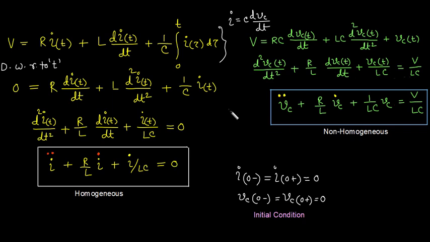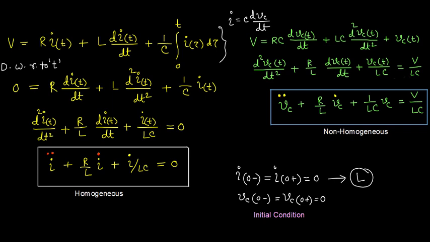Now let us solve these two differential equations using the initial condition i(0-) equal to i(0+) equal to 0. That means the current flowing through the circuit just before the turn on instant, that is i(0-), and i(0+) is the current in the circuit just after the switching instant, which is equal to 0 since the circuit is initially relaxed, and this condition is due to the inductor L. And for the capacitor voltage also, the initial capacitor voltage is 0.